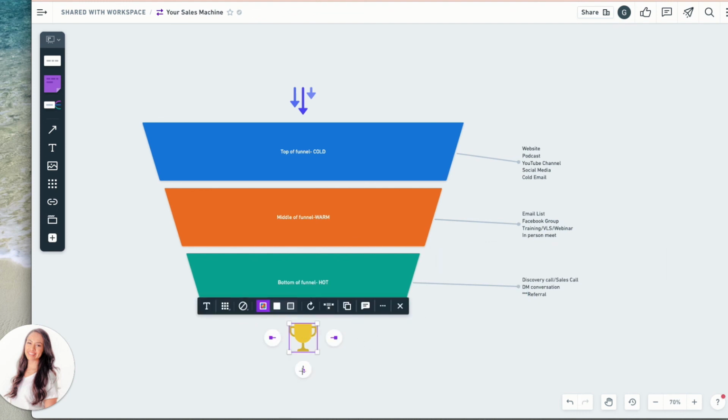And then at the end, you eventually start working with them, you have a conversation, you send the invoice, contract, all that jazz, and you get yourself a client. So this is how I see a typical sales machine for a service provider.